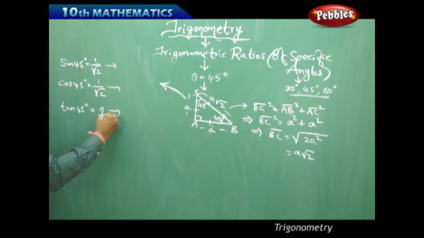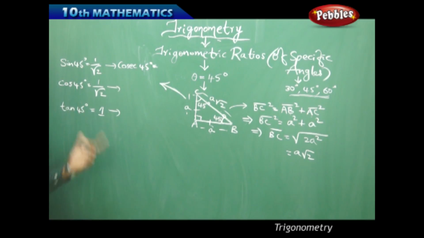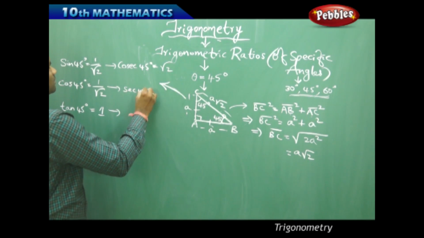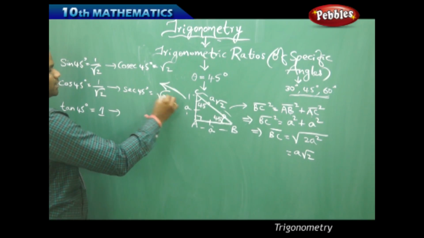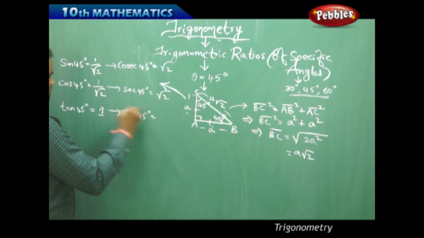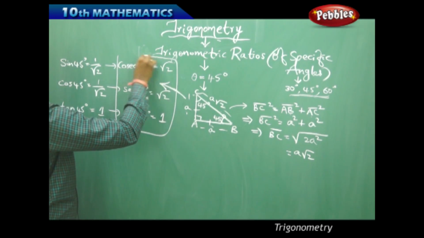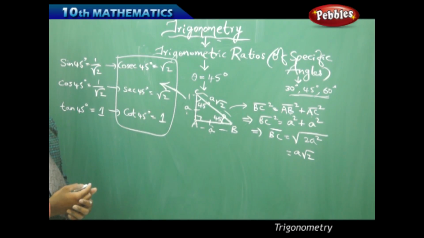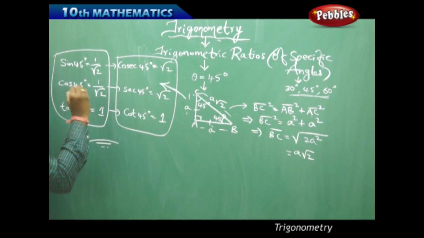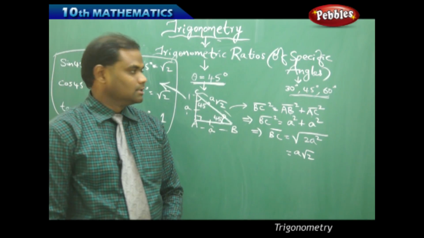This leads us to find cosecant 45, which is the reverse of 1 over root 2, that is root 2, and secant 45, which is the reverse of 1 over root 2, that is root 2, and cot 45, which is the reverse of 1, which is 1. This is how we understand the reciprocal or reverse trigonometric ratios and the three trigonometric ratios for the special angle theta equals 45 degrees.